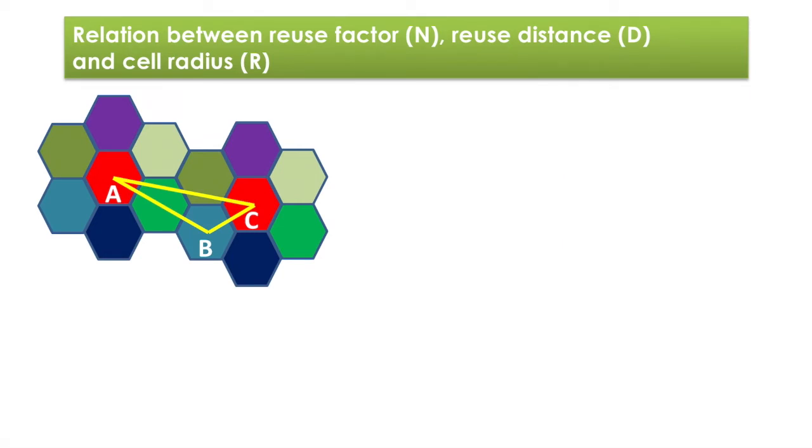Now let us apply the cosine law at the angle ABC of the triangle ABC. So you can write 2 AB dot BC dot cos of ABC is equal to AB square plus BC square minus AC square.